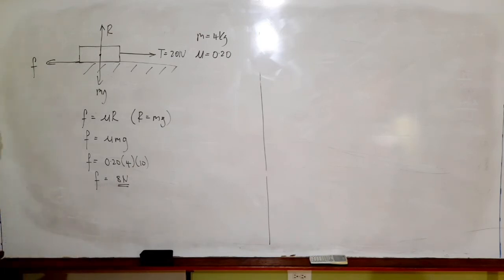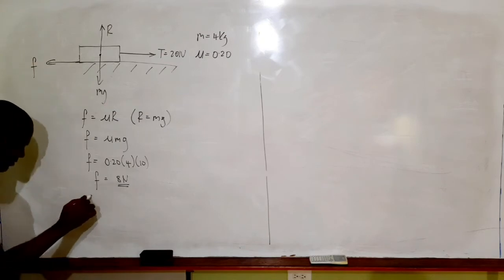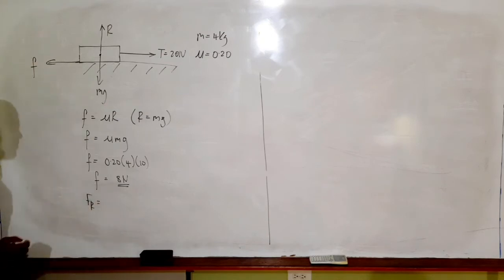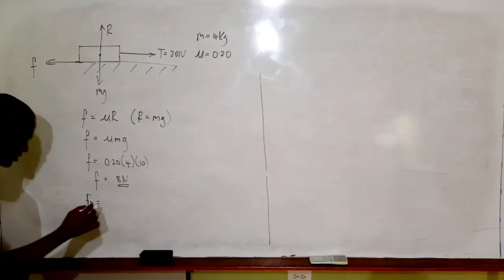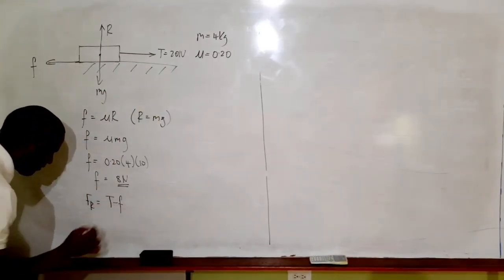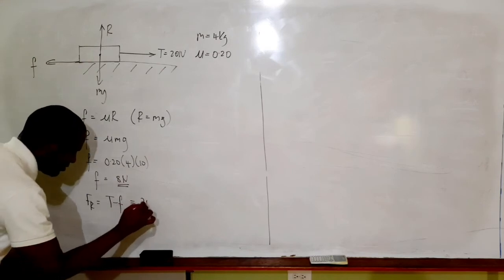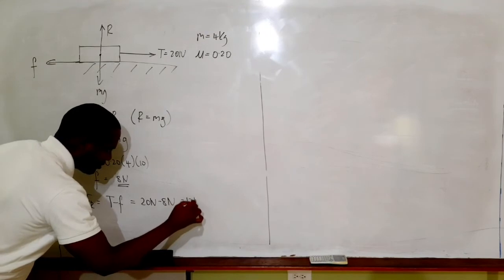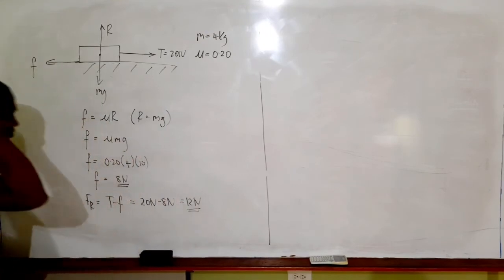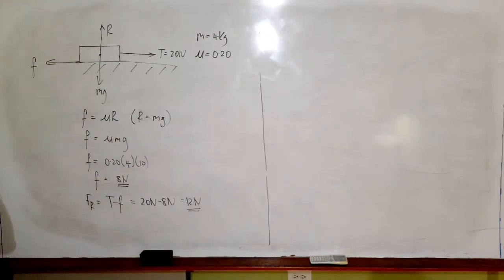And therefore, the resultant force, let's call it Fr, would be equal to the tension minus the friction. So this is equal to T minus F, and that gives us 20 newtons minus 8 newtons, which is equal to 12 newtons. So the resultant force acting on this particle is 12 newtons, but we have to find the acceleration.